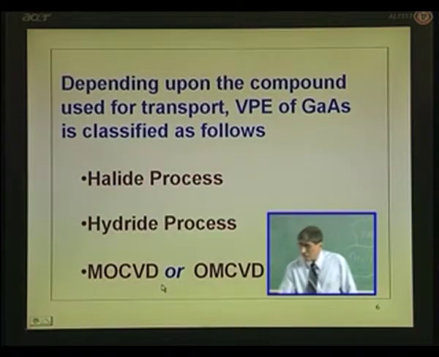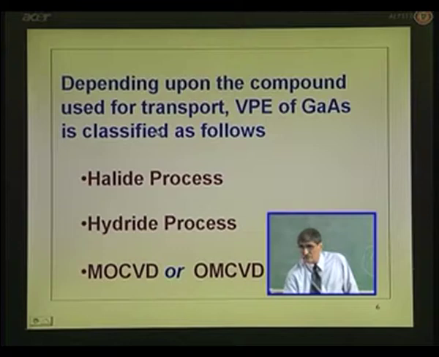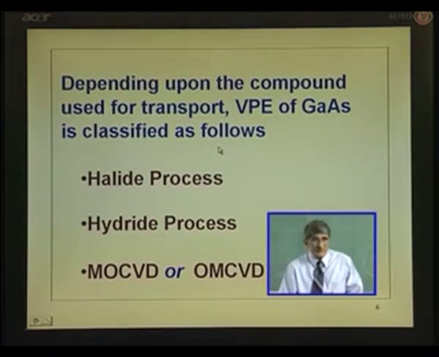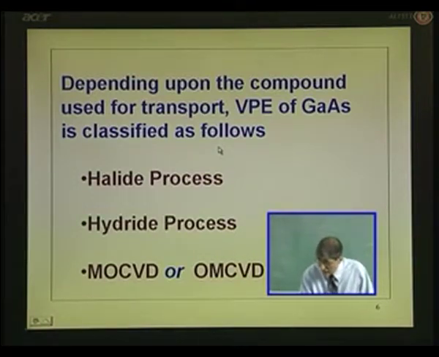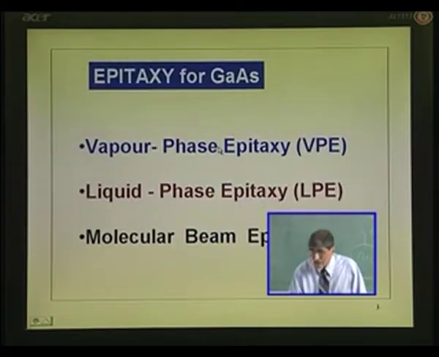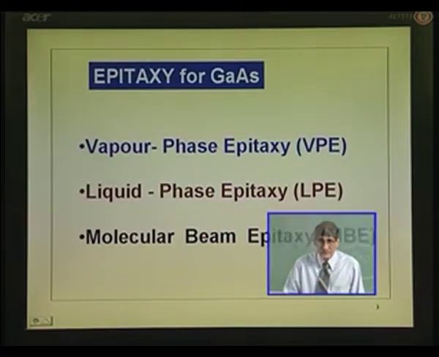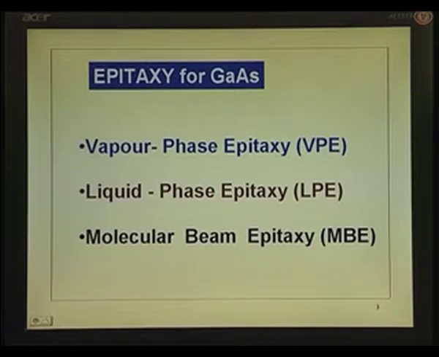Depending upon the compound used for transport, you call it by different names. First, you have got 3 classifications depending upon the mode of transport. In vapor phase, transport is through a vapor phase compound.